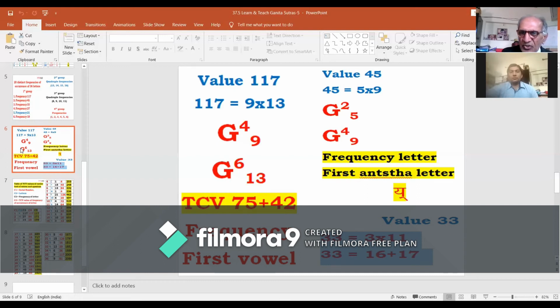The value 33, like that, we will have a complete chase of all the 20 steps, 20 distinct values of the frequencies of occurrence of 36 letters.